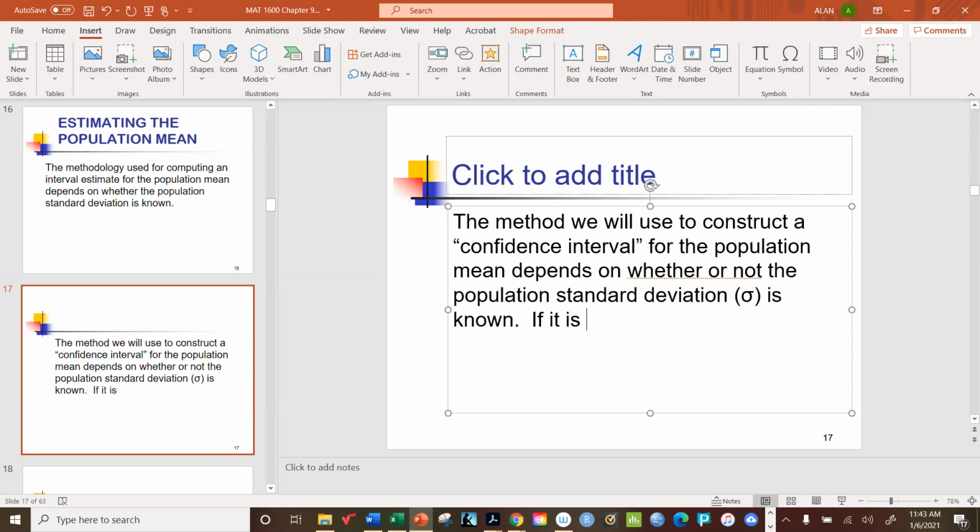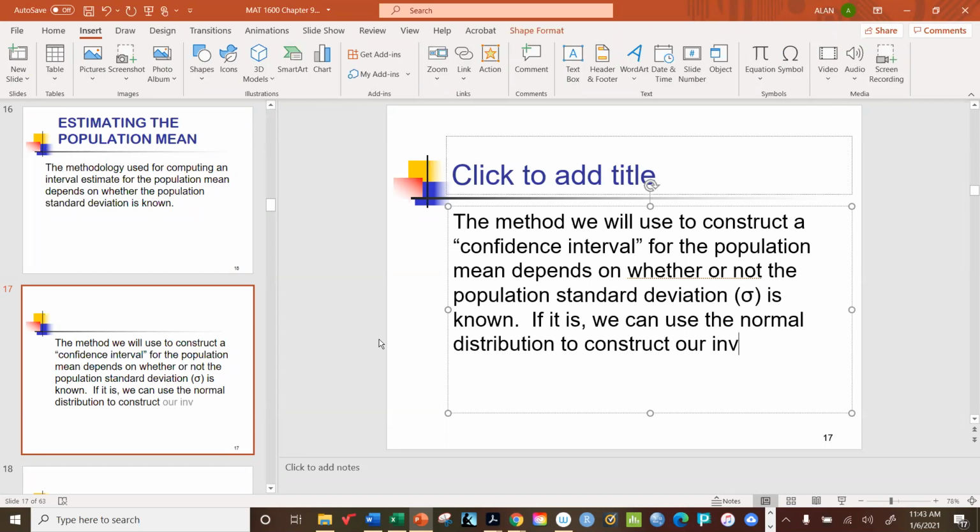If it is, we can use the normal distribution to construct our interval. That's good news because we're already very familiar with the normal distribution.